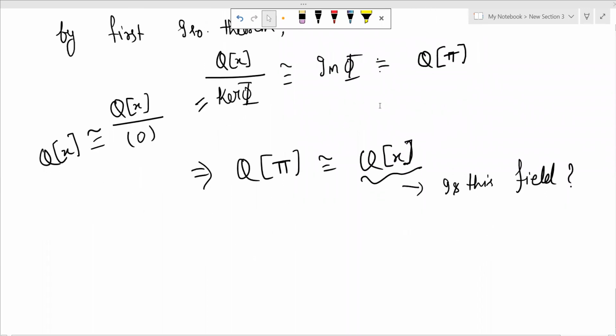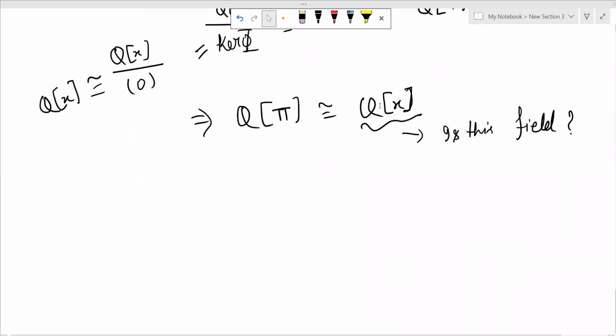In the first interaction session, I proved this exercise precisely. Let me write here.